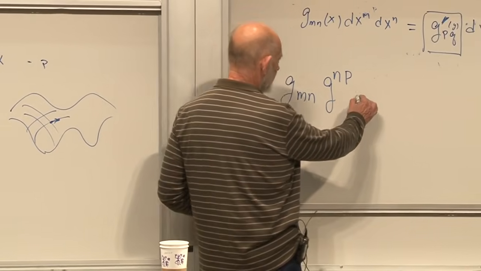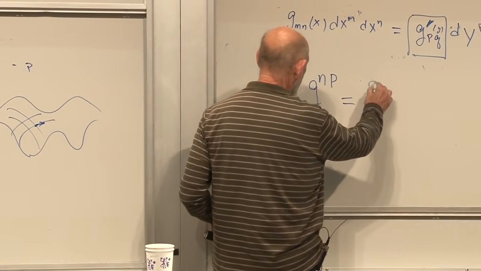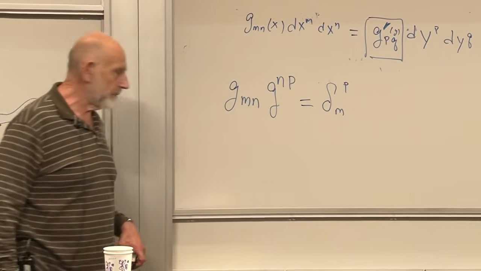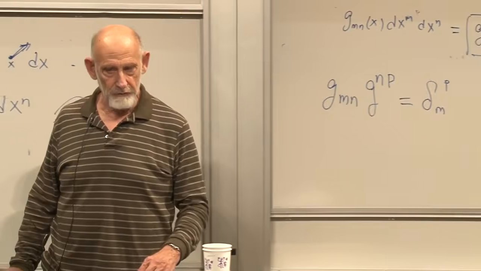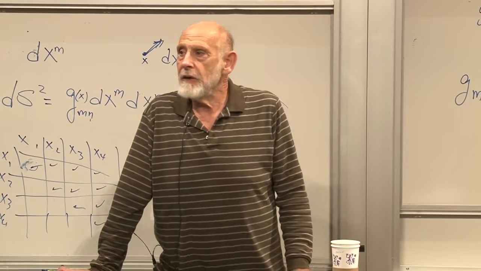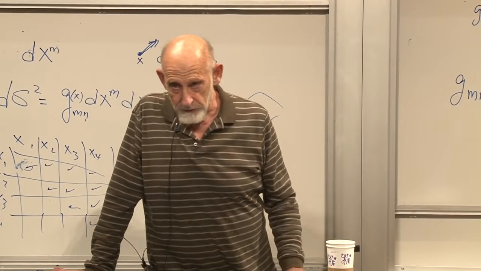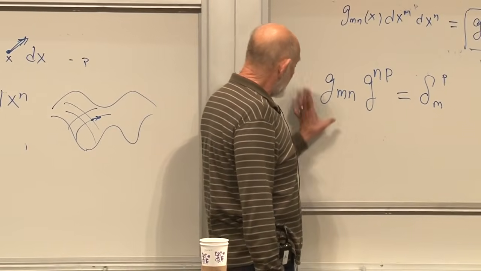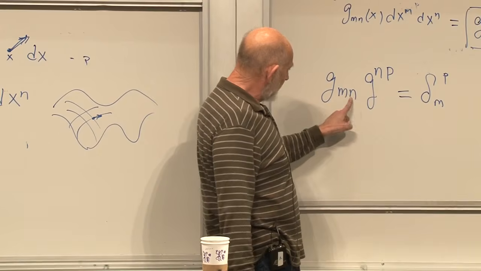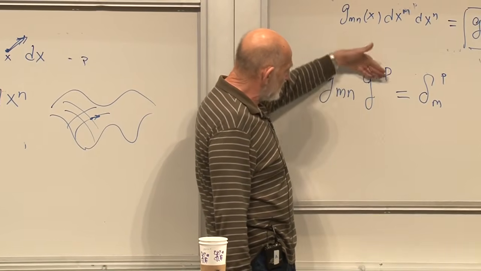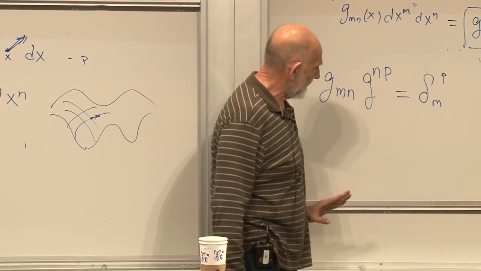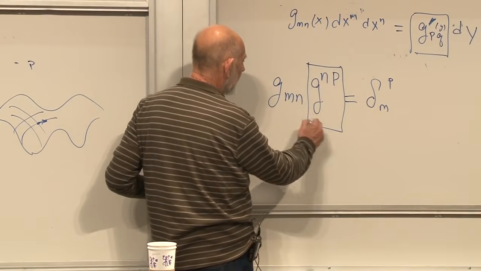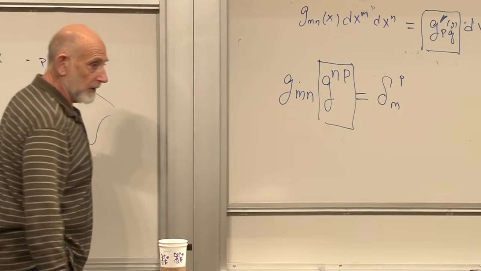Equals delta MP. What is delta MP? Thought of as a matrix, it's the unit matrix, the identity matrix. What this equation says is the product of the matrix G_MN with the matrix G^NP with upper indices is the unit matrix. It identifies this object over here as the inverse matrix to this.